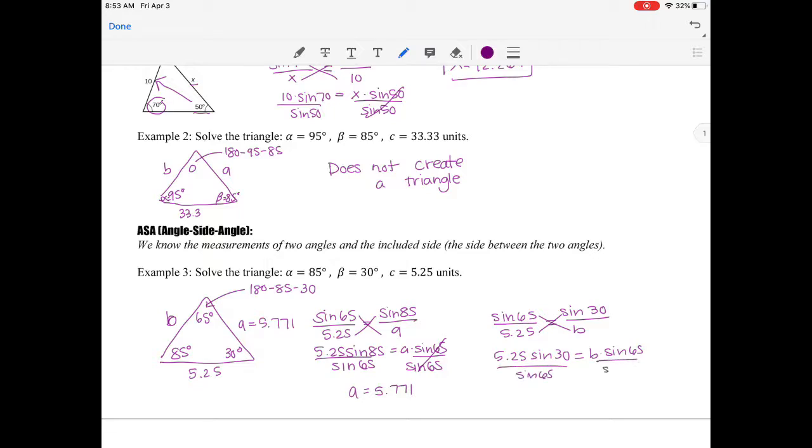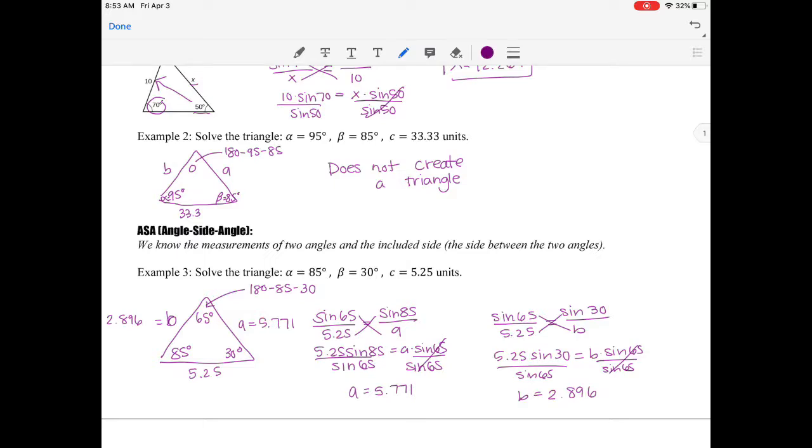Divide both sides by sine of 65. So now B equals 5.25 sine of 30, all divided by sine of 65, so it equals 2.896. And now we've solved the triangle.